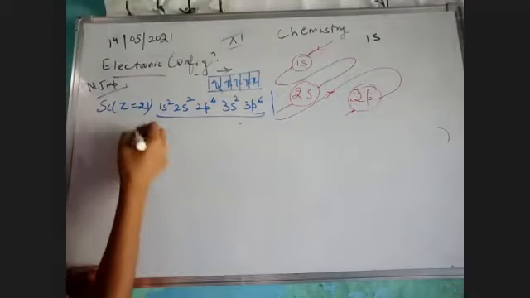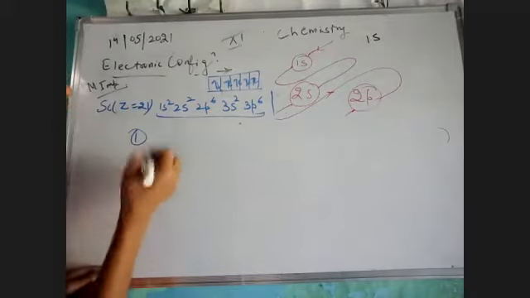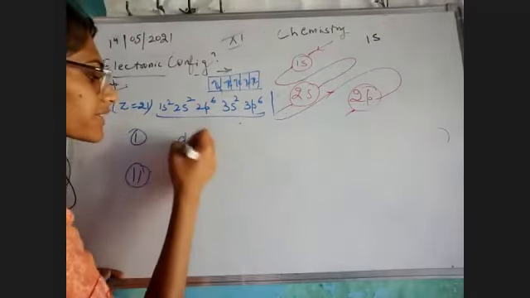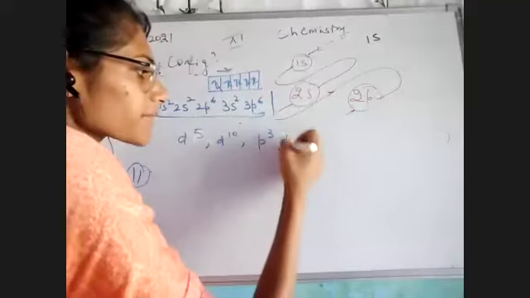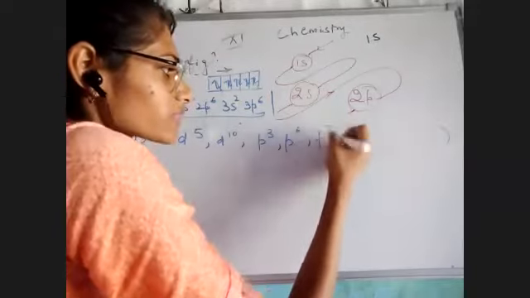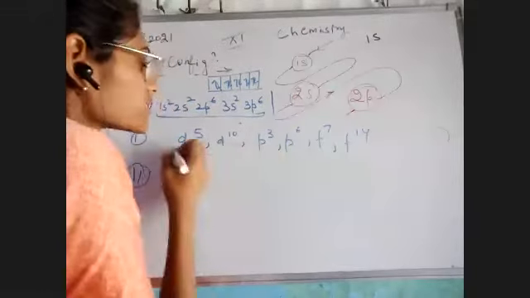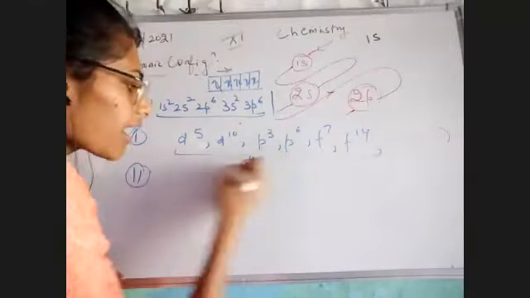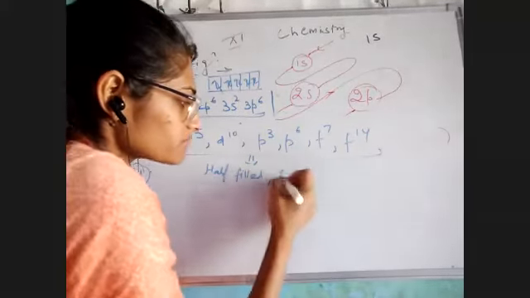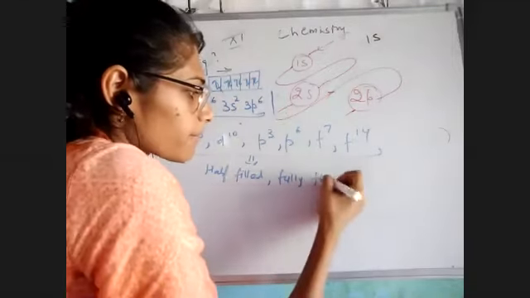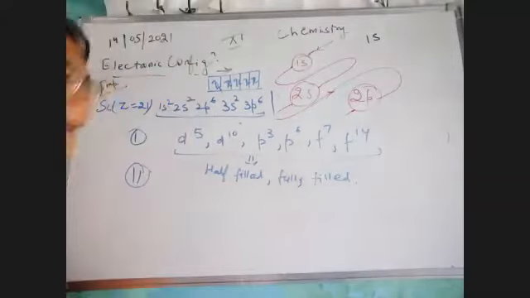Now the point is that not only d5, p3, p6, f7, f14, these all are half filled as well as fully filled orbitals. And these are extra stable.